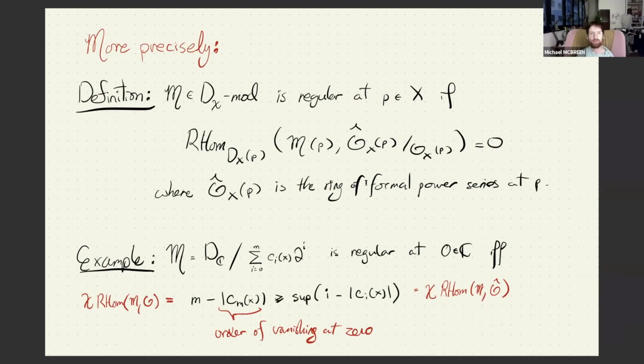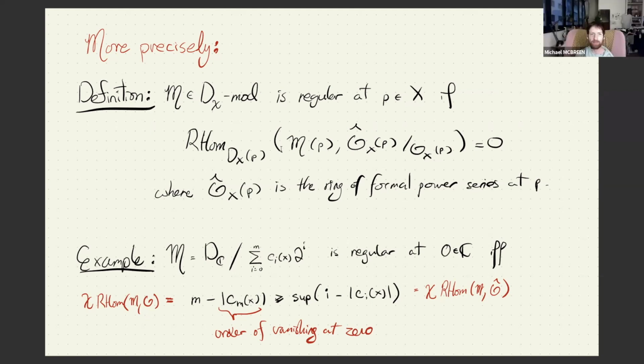A more precise way of defining regular singularities, which at least has the virtue of being very concise, is that you're regular at a point if, after taking germs of differential operators, germs of your D module, germs of functions, formal solutions are the same thing as analytic solutions.